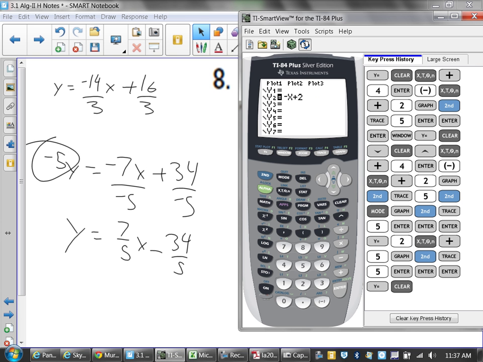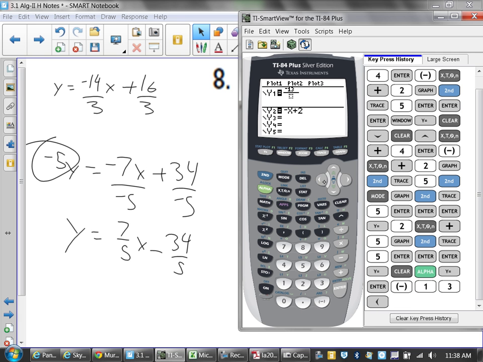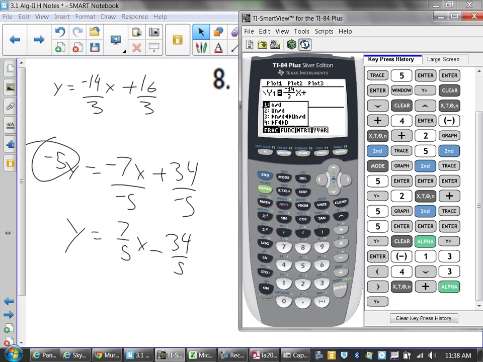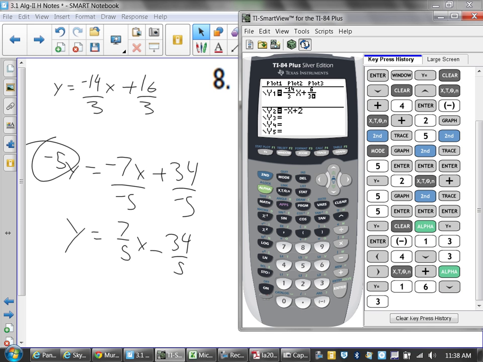So, in the first equation, alpha y equals negative 14 over 3 x plus alpha y equals 16 over 3.